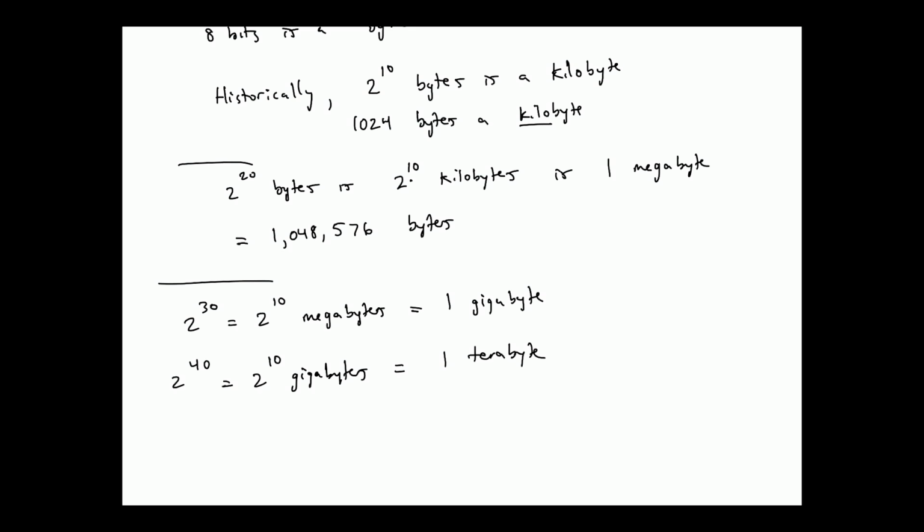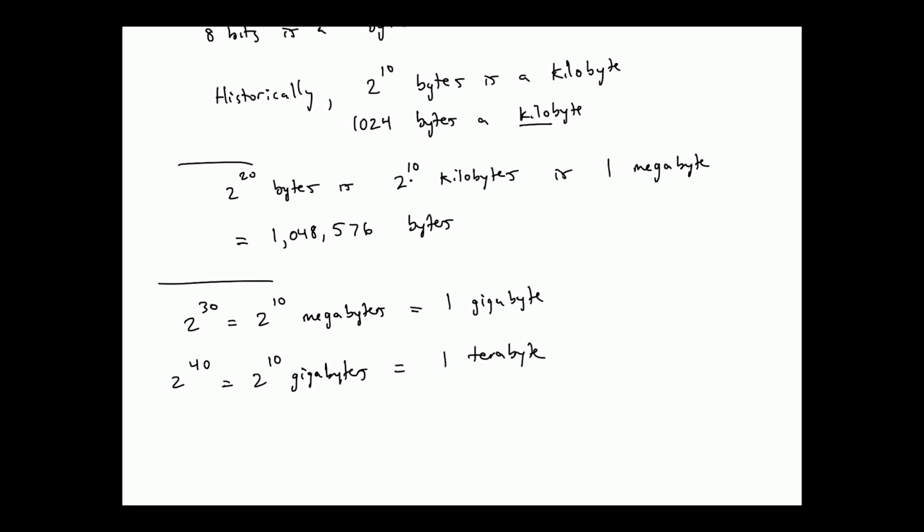And what's after tera? Anybody happen to know? It's petabyte. And then exabyte. But we'll stop at terabyte. You get the idea here. Every time you go up, you go up by a factor of 2 to the 10th.